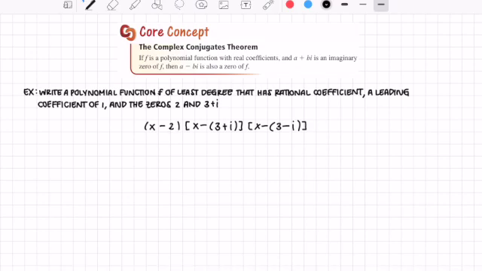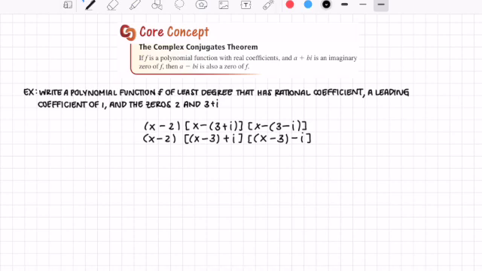Once I do that, I can start rearranging the parentheses to make it easier for me to multiply. So I'll rearrange it where x is subtracting 3 and put the parenthesis there instead, and x minus 3 again, minus i, and leave the brackets on the other side. Drop down the x minus 2 as well.